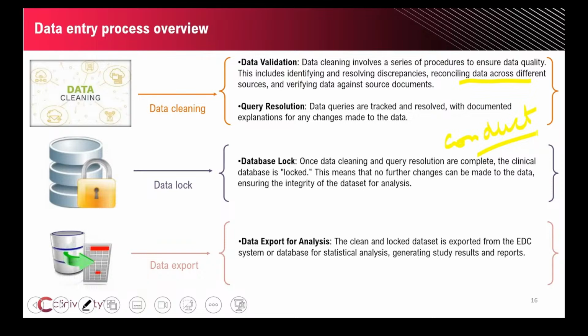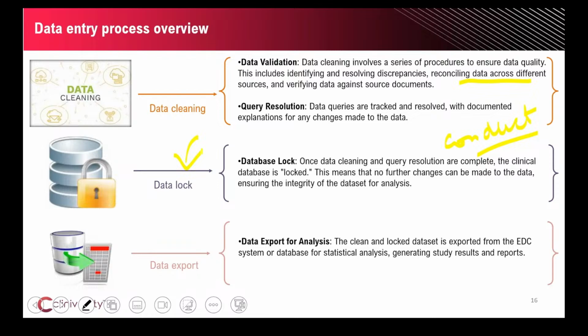So once the conduct phase of the study is completed, then comes your database lock. Now, your database lock will be towards the end of the study when all the subjects are completed, the protocol target has been reached, or the threshold of the protocol has been reached.